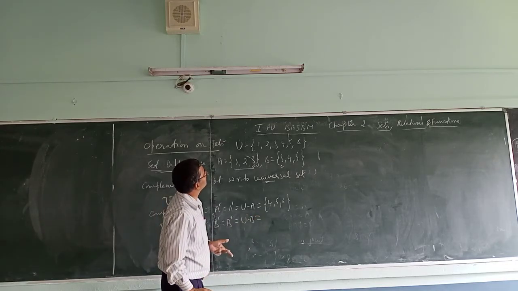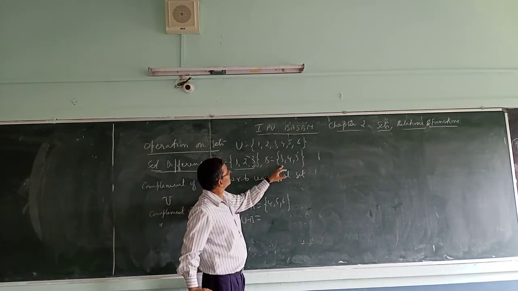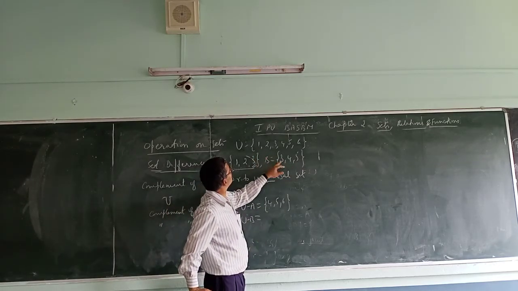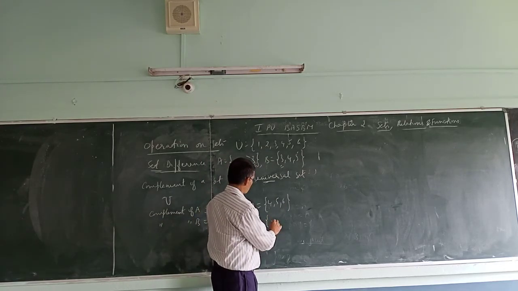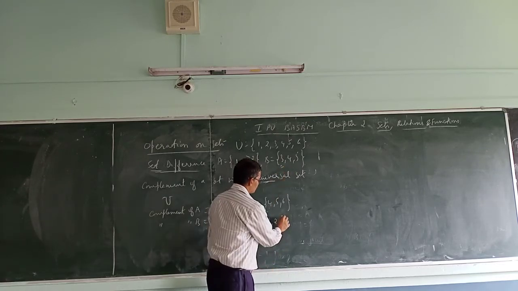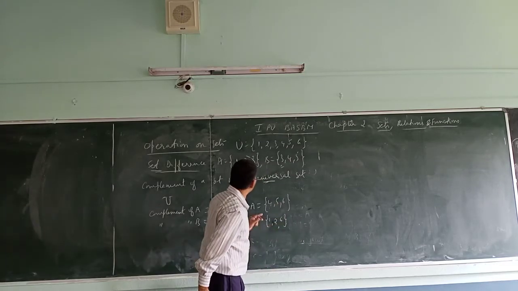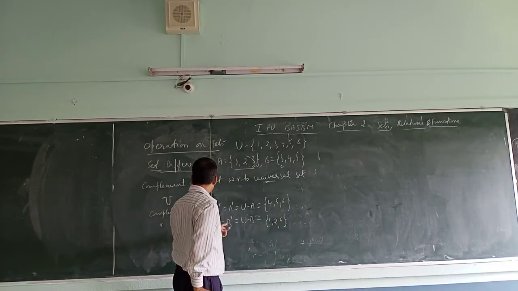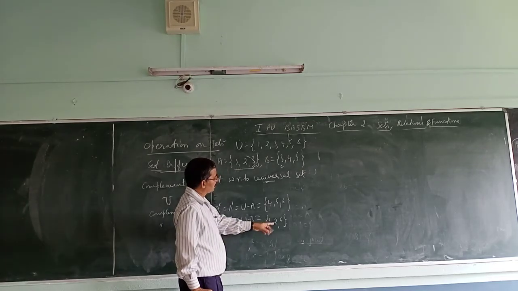What is U minus B? B is 3, 4, 5, so remove the elements 3, 4, 5 from U. What remains is 1, 2, 6. So the complement of B is equal to U minus B, equal to 1, 2, 6.